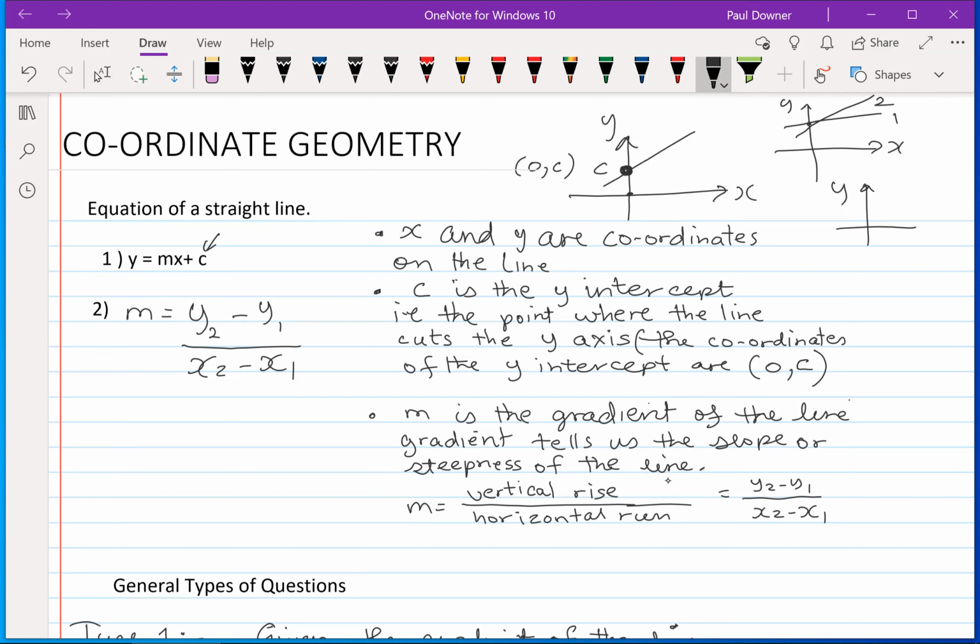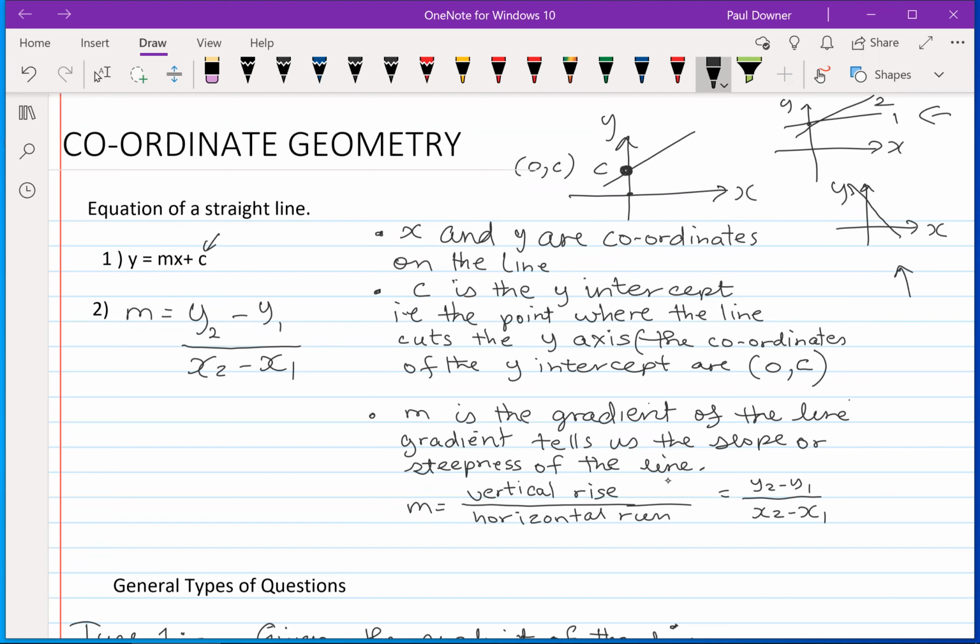If I draw another y and another x, and I draw a line going this way, that gradient is going to be negative because of how it is sloping. So any line that is sloping as in these here, those will be positive. Any line sloping like in this one here, that one will be negative.